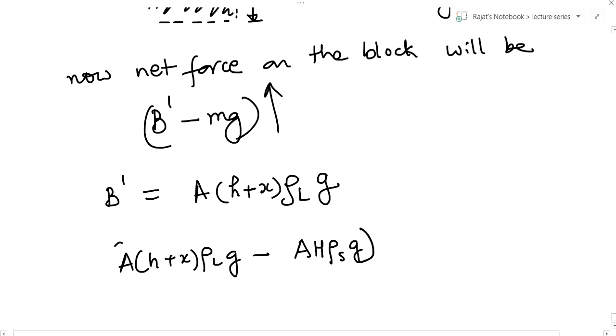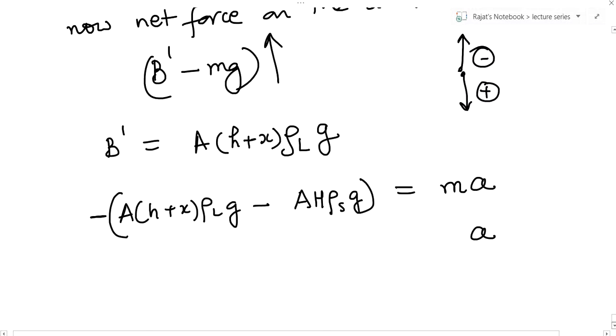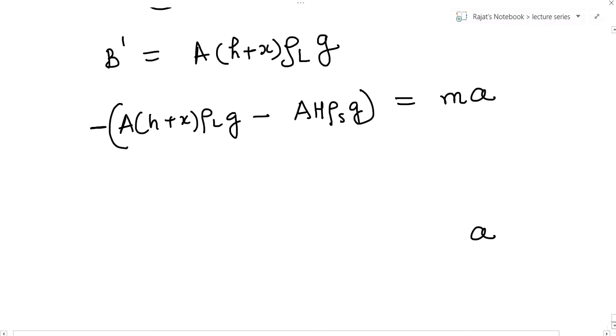Please remember that this net force is acting upward, and as per the convention I have taken, the downward direction is positive and the upward direction is negative. That is why x is positive when I am pushing it downward. So the net force is upward, so minus, and this is equal to mass into acceleration, Newton's second law.